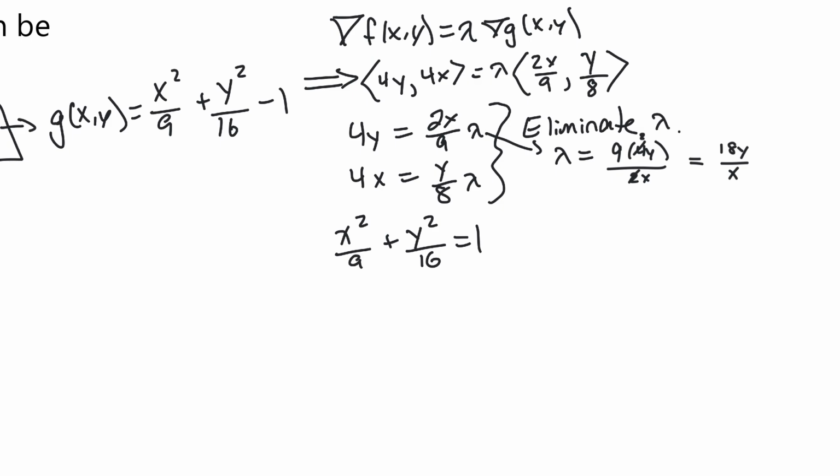Now, substituting that into this, we're going to have 4x equals y over 8 times 18y over x. So if I multiply the x over and then divide the 4 over, I end up with x squared is equal to 9 over 16 y squared.